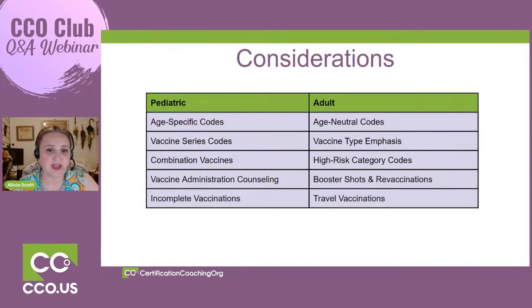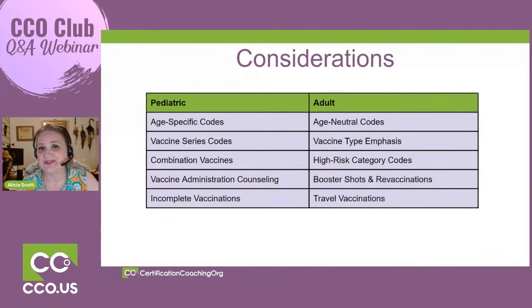Versus adult vaccinations. Well, those are age neutral codes, so they don't have ages, like a pneumococcal vaccine doesn't have an age appended to it. Vaccine type is the emphasis for the description of the code that you'll use. Also, there's an area for high risk category codes, and with adults, often you'll see booster shots and revaccination occurrences happening.